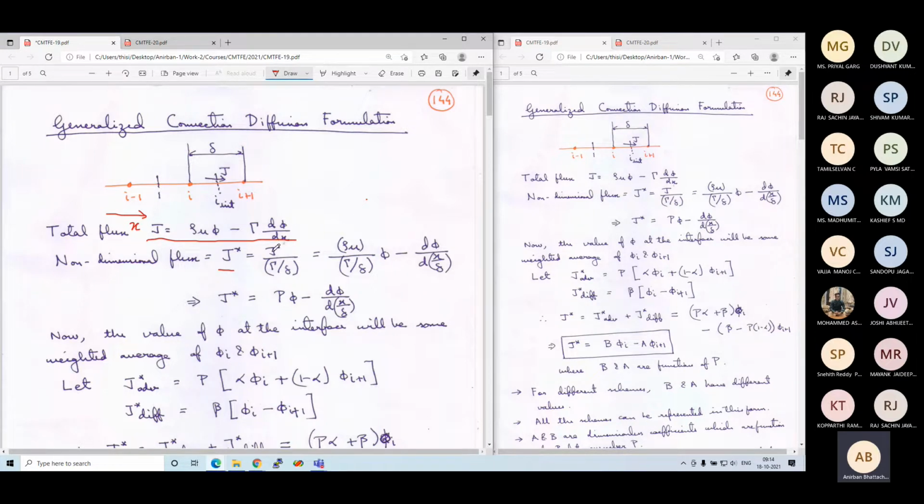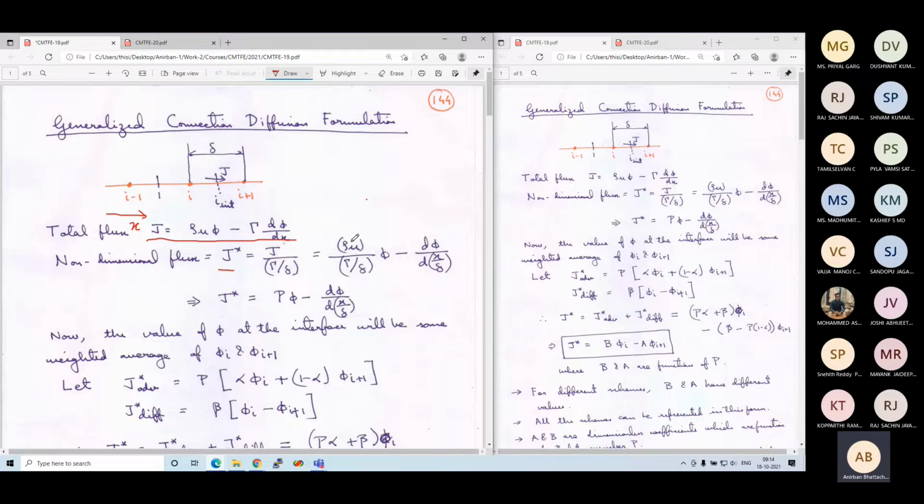If we write J by gamma by delta, what is J? Rho u phi. So the first term is rho u by gamma by delta times phi, minus the second term, where gamma cancels and the delta goes down as dx by delta. Here rho u is the convective or advective strength, and gamma by delta is the diffusive strength.